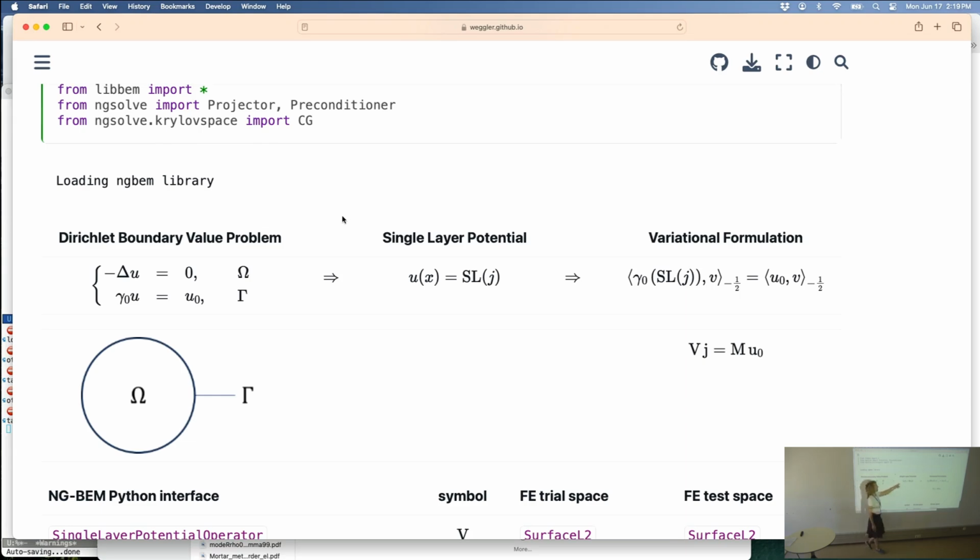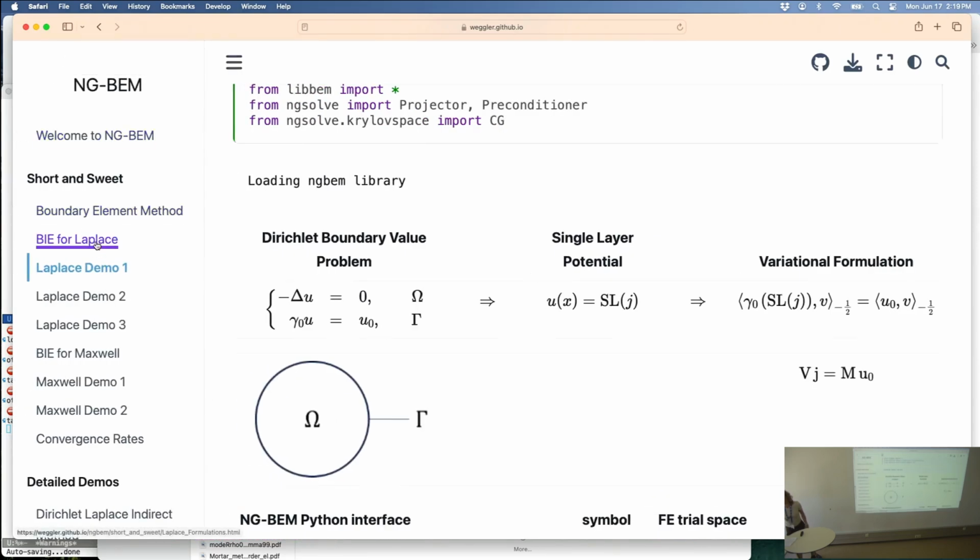Now, maybe I should, once you go in that repository, you will see that I have this slide here and this slide here: boundary integral equations for Laplace, boundary integral equations for Maxwell.